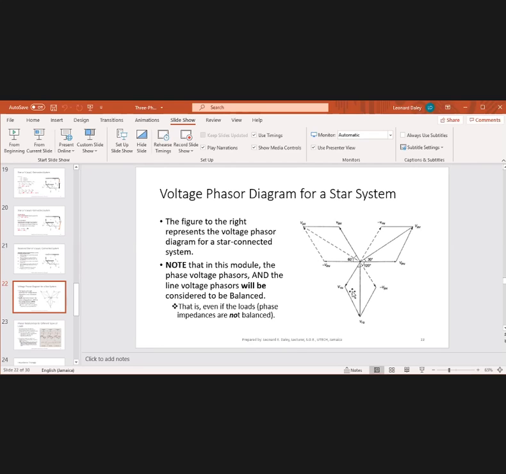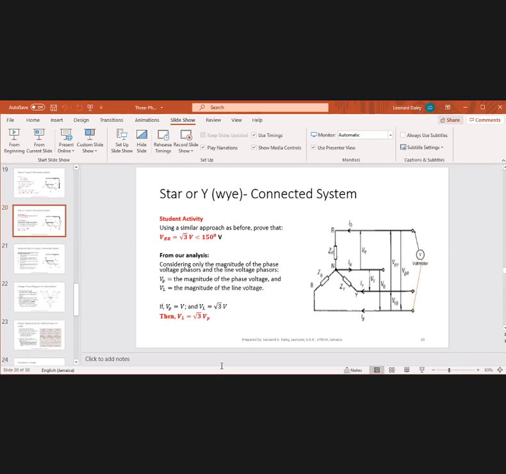But we are considering that our voltage is always balanced. When you get to power systems, you will look at voltages that are, in some cases, not balanced. All right. So is that clear?